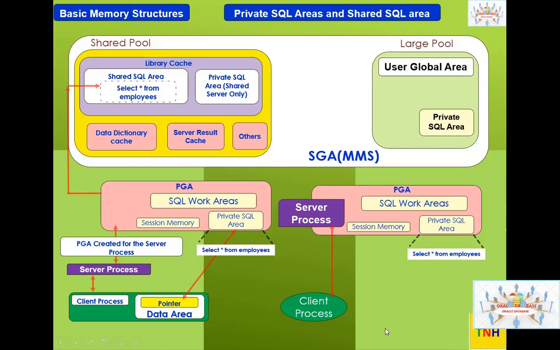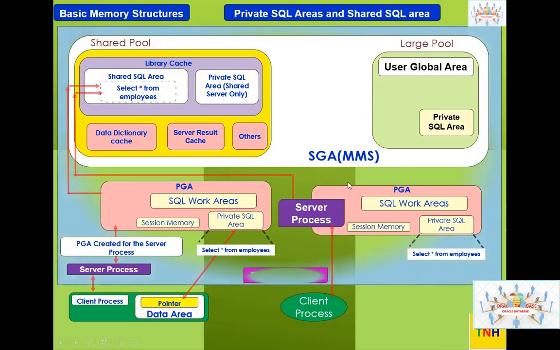That's why whenever a statement comes in, the Oracle server process checks whether the execution plan is available in the library cache. If not available, this process will recompile and regenerate the execution plan, which is a hard parse. So that is shared via the library cache.